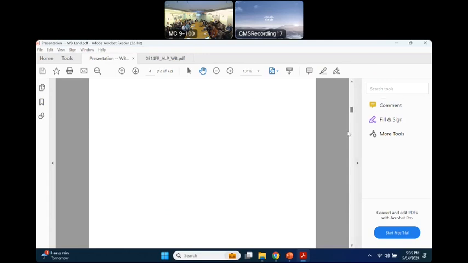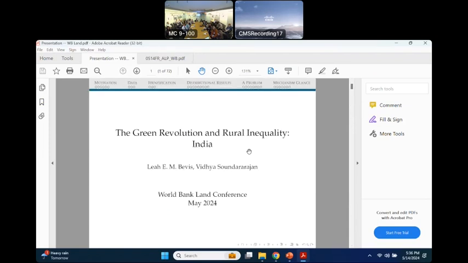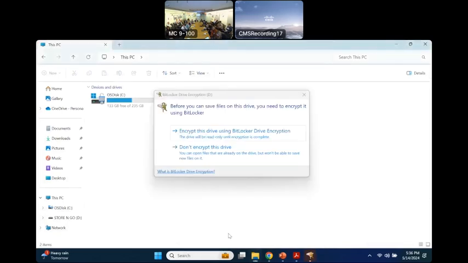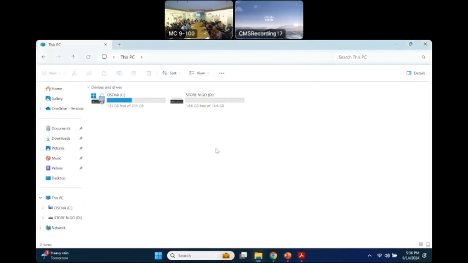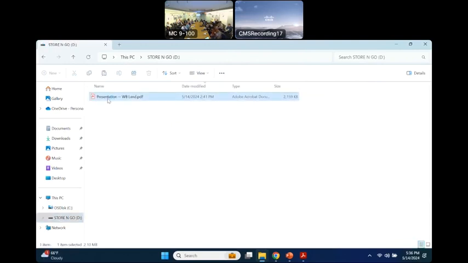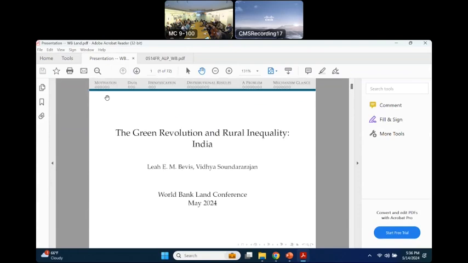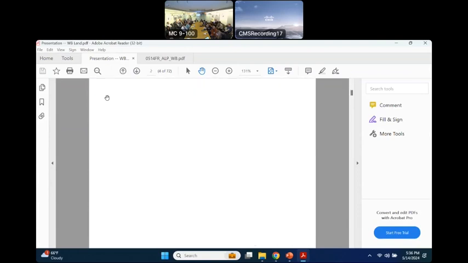Uh-oh. This doesn't actually save. Try to save it locally, on the desktop or something, and open it from the disk rather than from the drive.